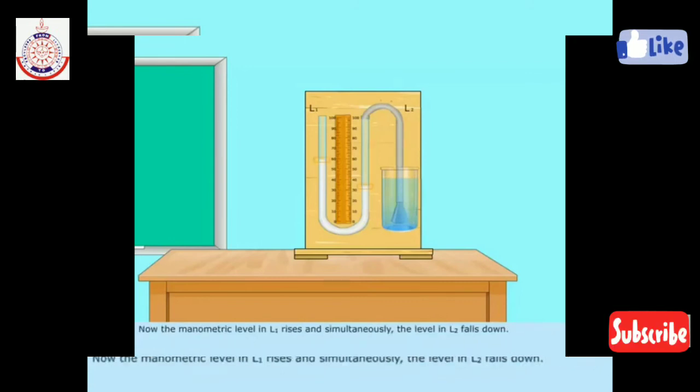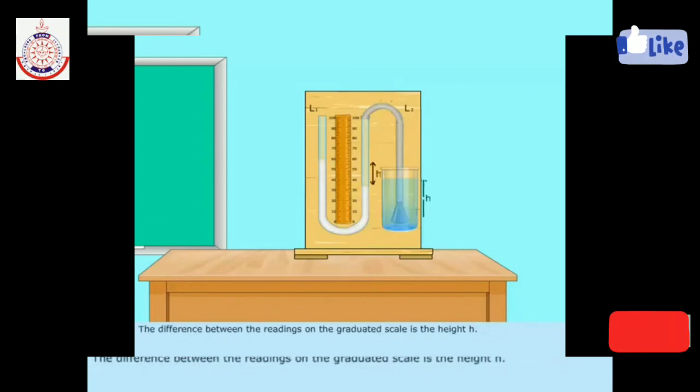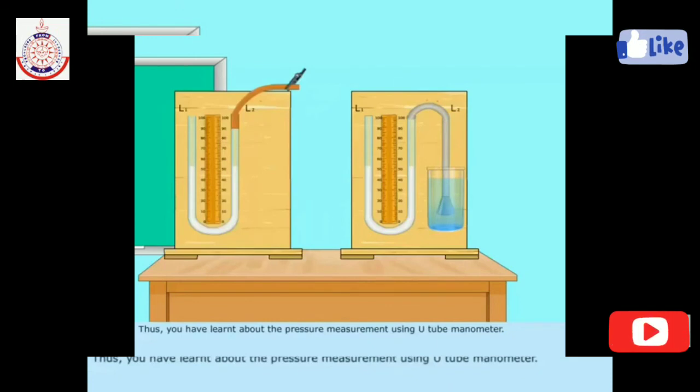Now the manometric level in L1 rises and simultaneously the level in L2 falls. The difference between the readings on the graduated scale is the height h. The pressure of a water column can be calculated as done before. Thus, you have learnt about pressure measurement using a U-tube manometer.